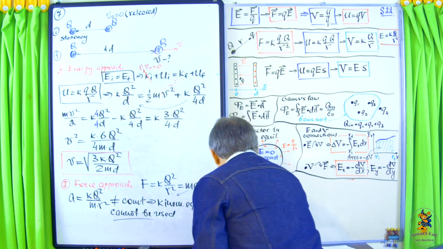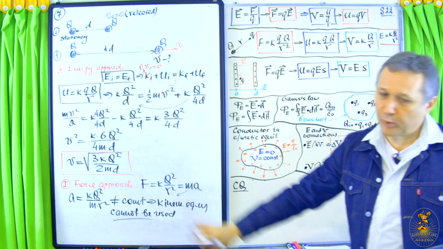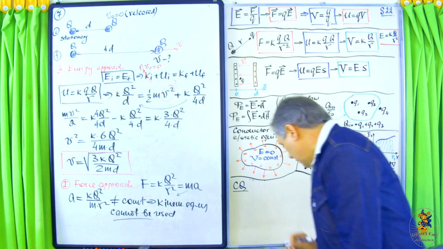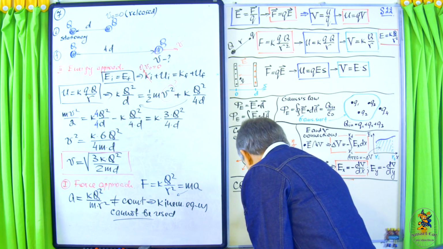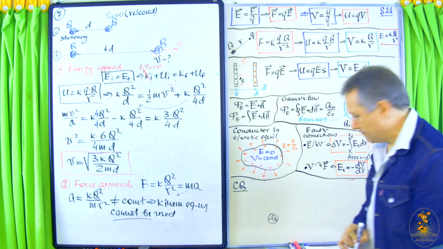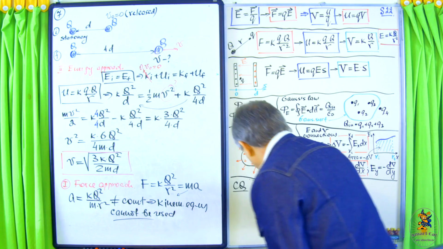So now let me ask this conceptual question. CQ. It's not related to this problem. The problem is solved. So what if we have this situation? We have a negative charge over here, minus Q capital. Let me write outside of this sign.